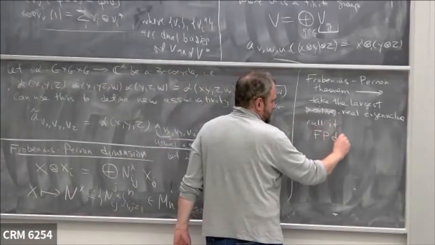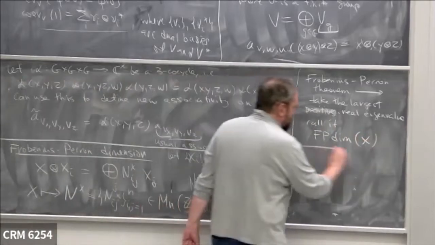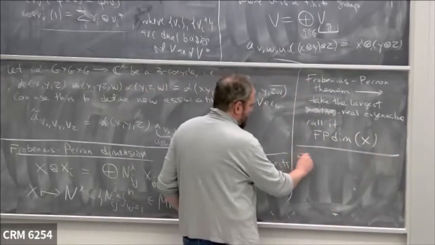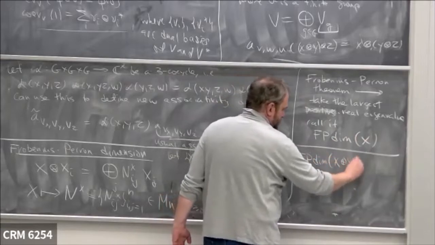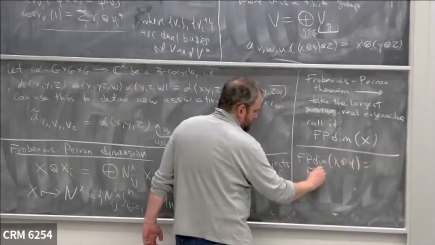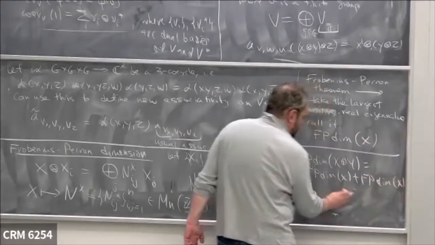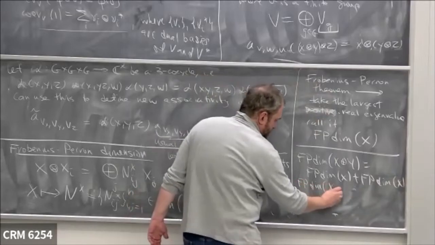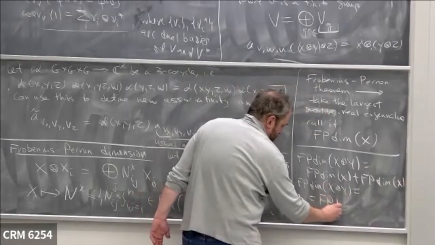Let's call it the Frobenius-Perron dimension. This dimension behaves well with respect to tensor products and direct sums. The Frobenius-Perron dimension of a direct sum is, of course, the sum of Frobenius-Perron dimensions. And similarly, the Frobenius-Perron dimension of a product is the product of Frobenius-Perron dimensions.